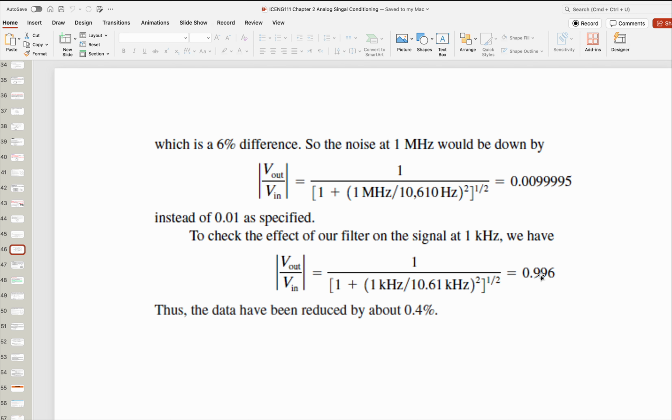All of it will pass, which is 99.6% will pass. So you can see that I'm substituting two times, one for the high frequency and one for the low frequency, to know how much I'm getting rid of the high frequency and how much is passing. So I'm having here only 0.009 passing of that 1 megahertz, and here I'm having 0.996 passing of that 1 kilohertz.